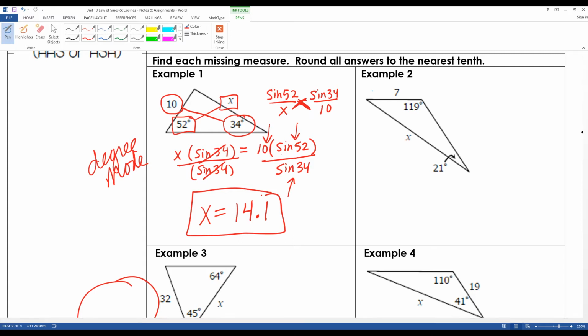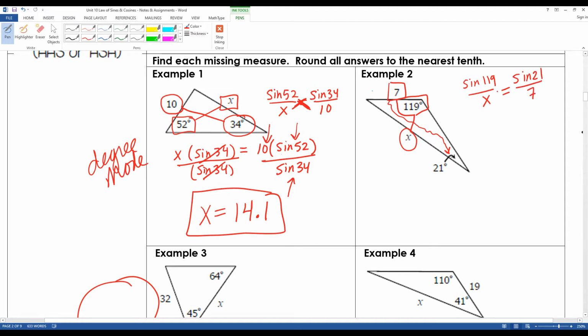Okay, example 2. These all set up the same. I'm looking for side x. What angle matches up with that? 119, I have it. So the sine of 119 over x equals, okay, I have side 7. Do I have the angle that matches with it? It should be right there, and I do, 21. So the sine of 21 over 7.